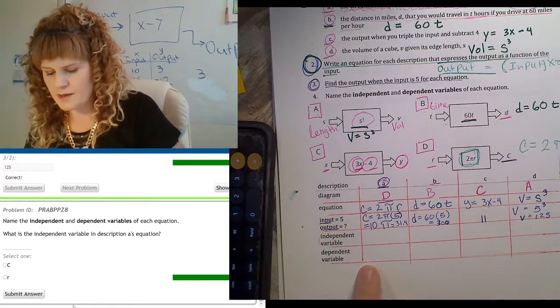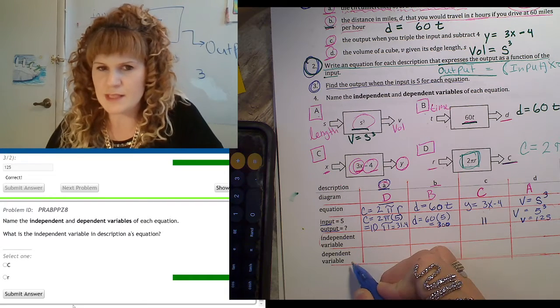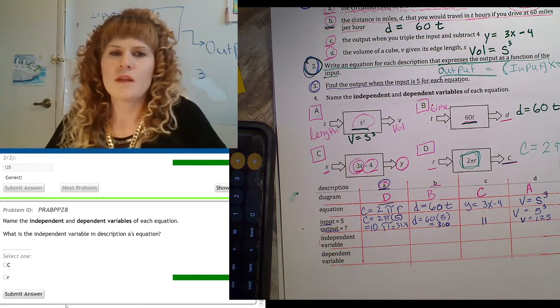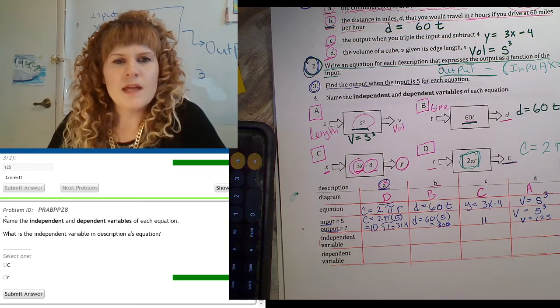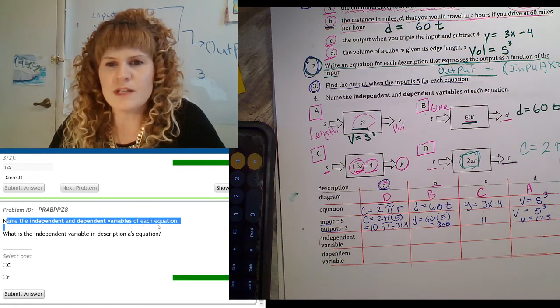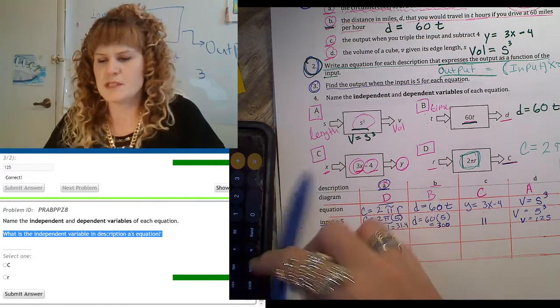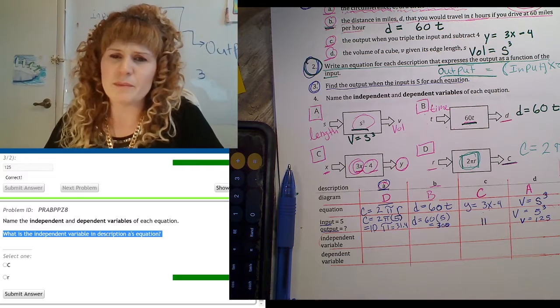Okay, the next part, they're asking what are the independent variable and the dependent variable? Name the independent and dependent variables of each question. What is the independent variable in description A's equation? This is terrible, isn't it?